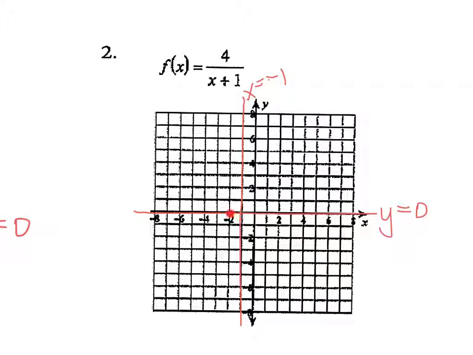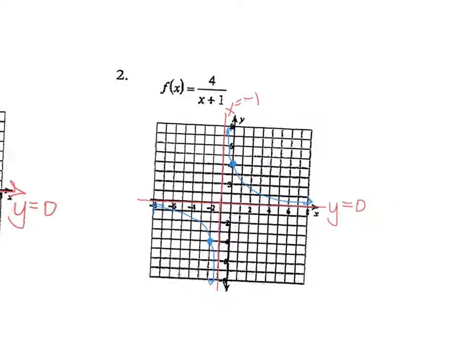Instead of going left 1, down 1, I need to go left 1, down 4. Those will give me those points I need for my graph. Right 1, up 4. Draw it nice and tight to the asymptotes. Left 1, down 4. Draw it up and tight to the asymptotes. And there's your graph.